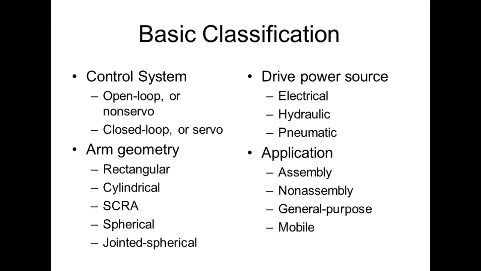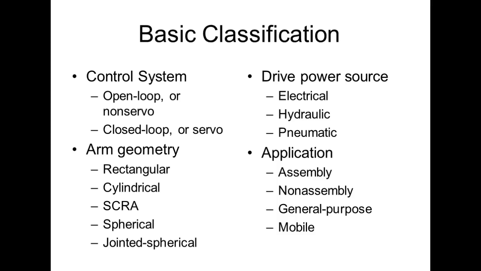Because it's jointed. That's the SCARA, selective compliant assembly robot arm. Then we have a spherical. So the SCARA robot would be considered a jointed cylindrical. Then we have the jointed spherical, which all our robots are over there.